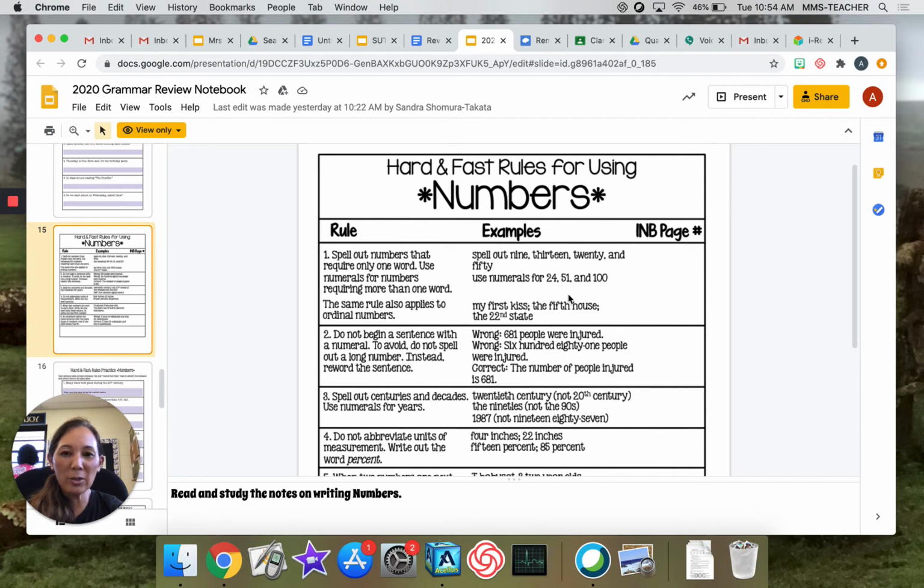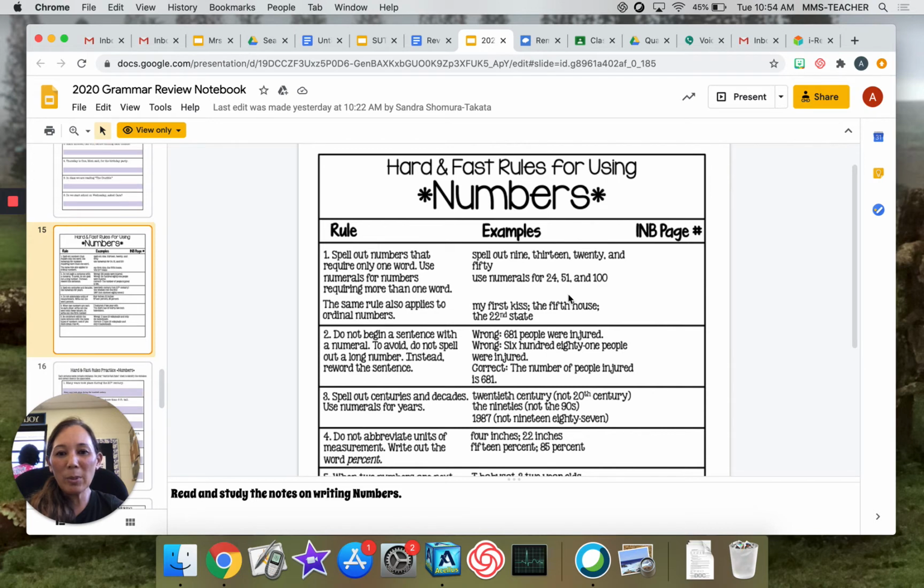And you notice they're spelled out because it requires only one word. Now, it says to use numerals for numbers such as 24, 51, and 100. If you were to spell them out, it would require more than one word, and that's why it's not spelled out.